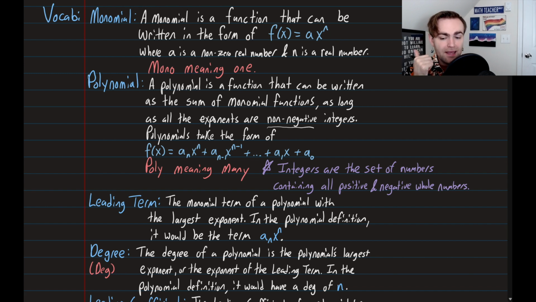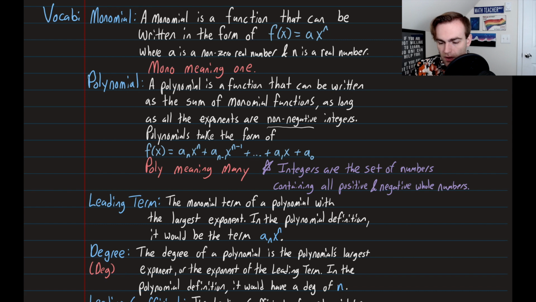So they have to be 2, 3, 5, 873. It doesn't matter as long as they are non-negative integers. 0 technically would work. It would just make that term 0, the polynomial 0, and 0 is technically a polynomial.